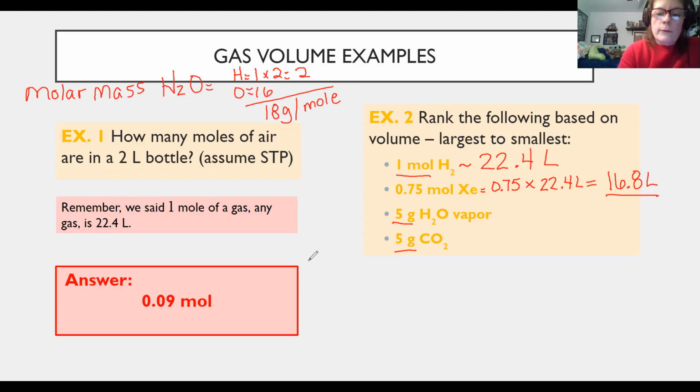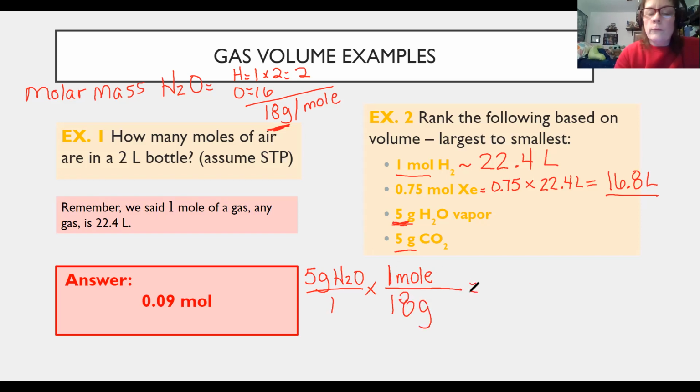All right, so let's figure out, we have 5 grams of H2O. Okay, right there. And we want to know how many moles that is. And we just said there's 18 grams per mole for water.